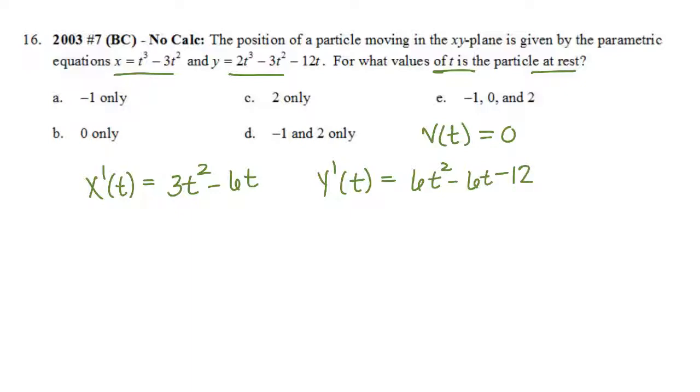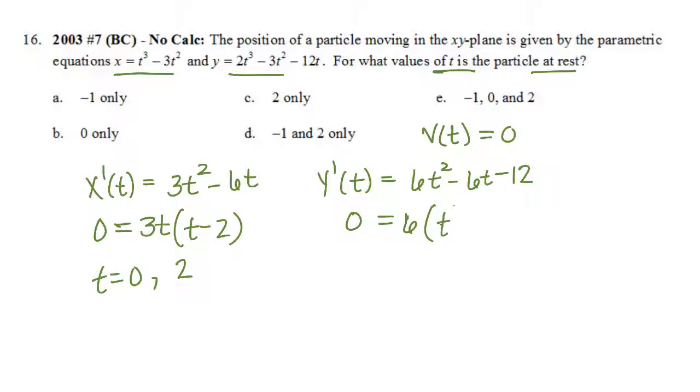And so now we're going to set this equal to 0, and we can take out a GCF of 3t. That's going to be t minus 2. So from this equation, we have t equals 0 or t equals 2. Over here, looks like we can take out a GCF of 6 for sure. And so that's going to be t squared minus t minus 2. And again, we have 6 times t minus 2 times t plus 1.